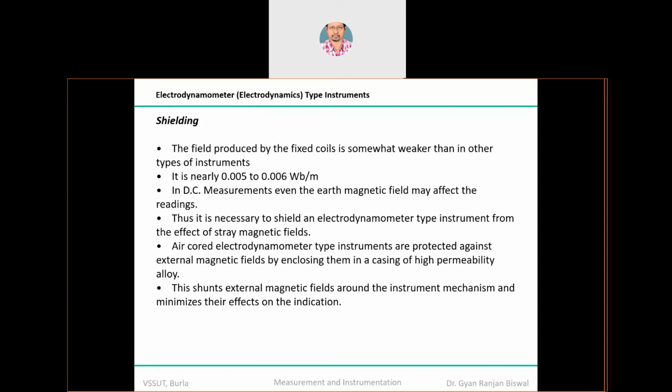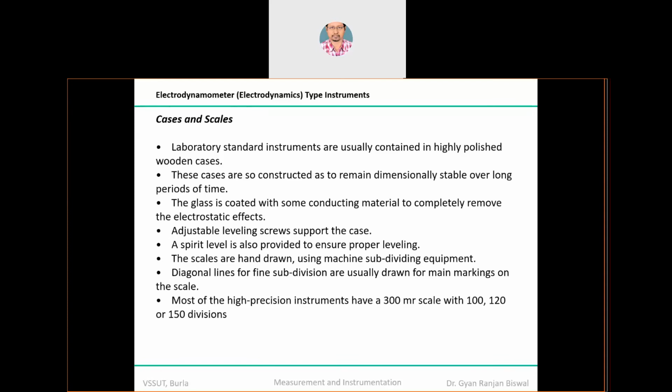Obviously the material used to create the casing should be a very high permeability alloy. In that case the external magnetic field will influence only the casing, because it has high permeability, and the instrument kept inside the casing will remain unaffected, or the influence of the external magnetic field is minimized.